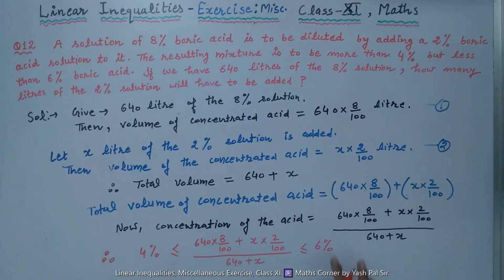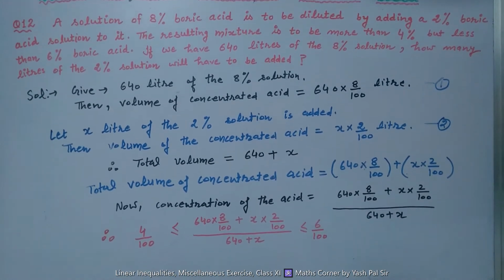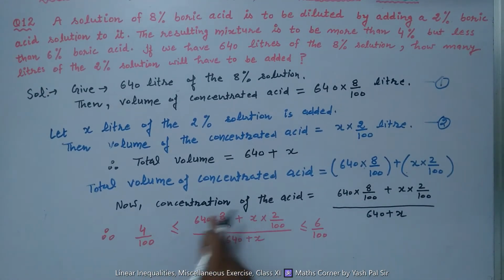So first of all, the meaning of percent is: 6% is 6 upon 100, 4% is 4 upon 100, right? Next, you know how to solve this inequality now. After solving this inequality, we shall have the value of x, and that value of x will be greater than or equal to 320, and less than or equal to, after solving, 1280, right?